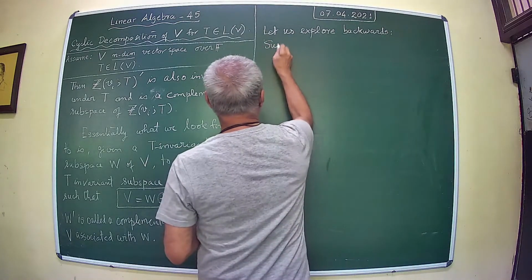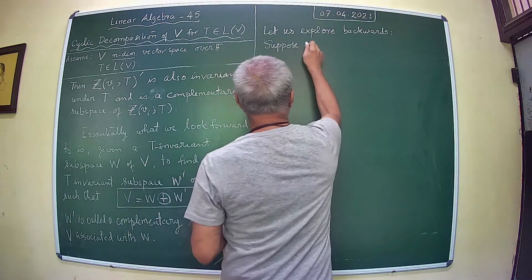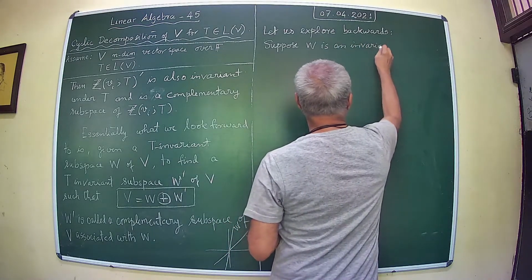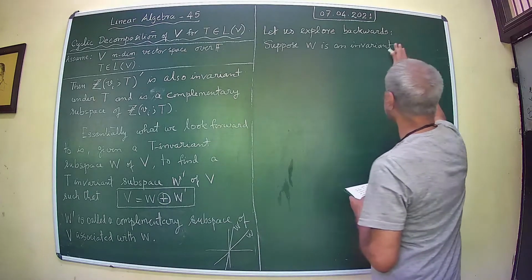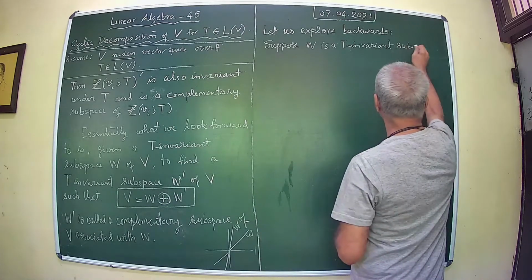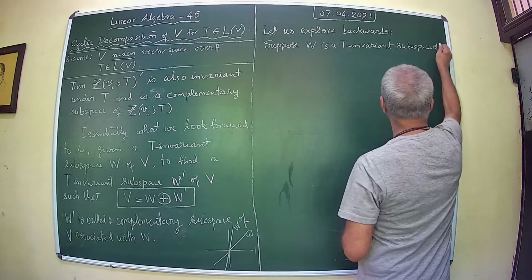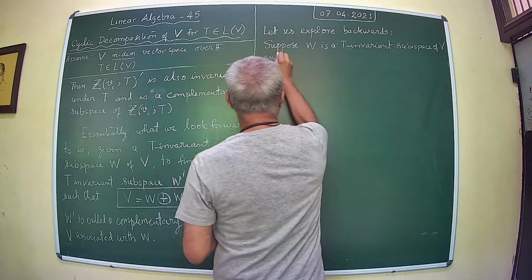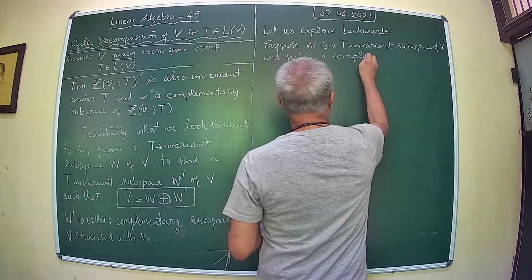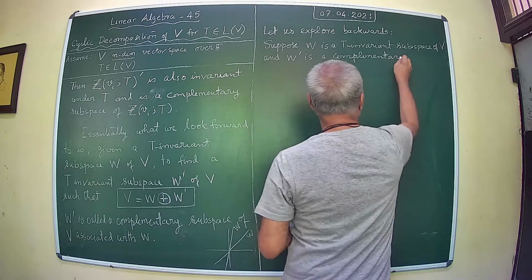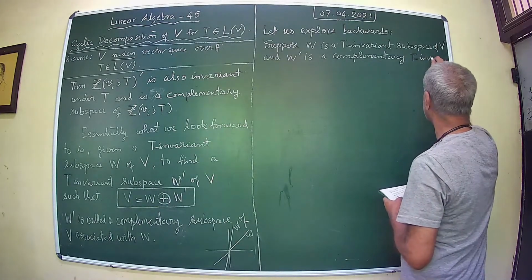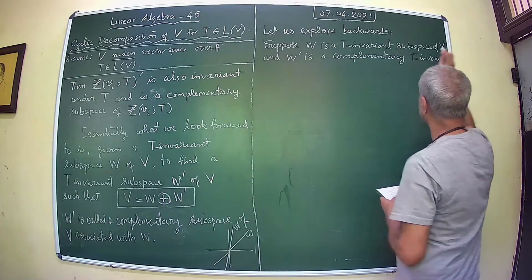Suppose W is a T-invariant subspace and W prime is a complementary T-invariant subspace.